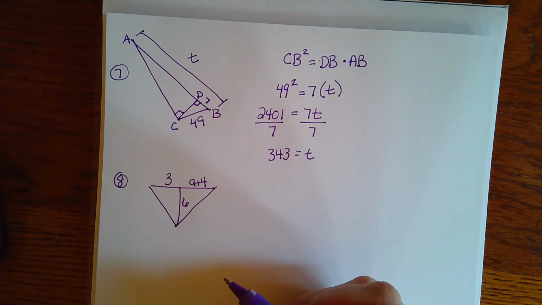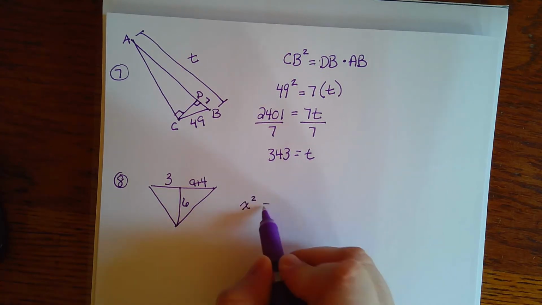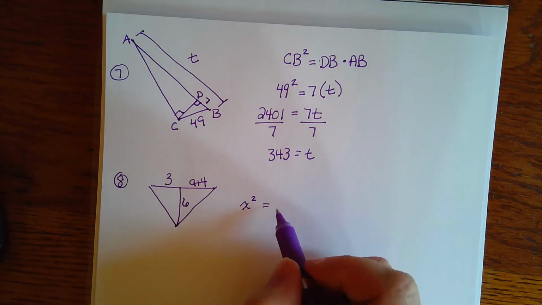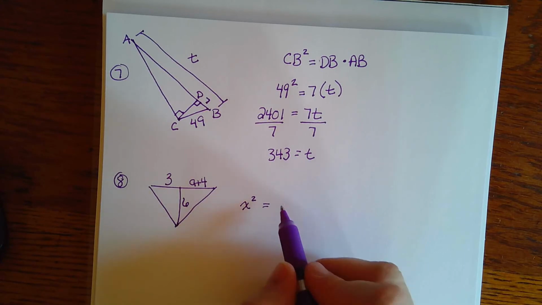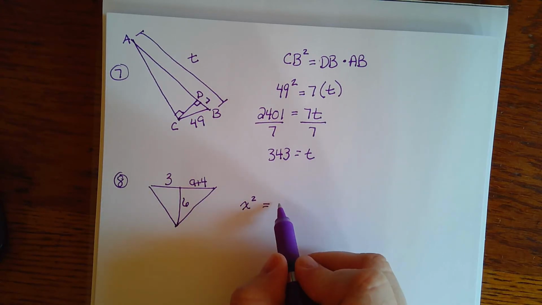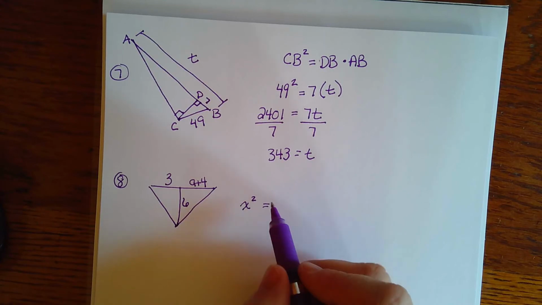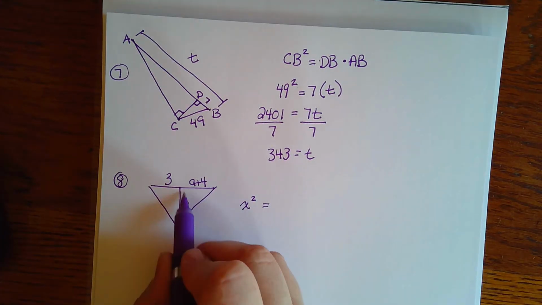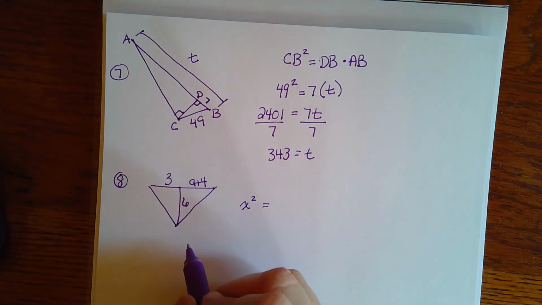We have the altitude. So I actually know what the geometric altitude is. So what we're going to do is take the formula that we use to get geometric altitude, which is x squared equals the two means, or the two bottoms. And that right there is going to be, in this case, if I put some letters in here, that, by the way, would be my altitude in this case.